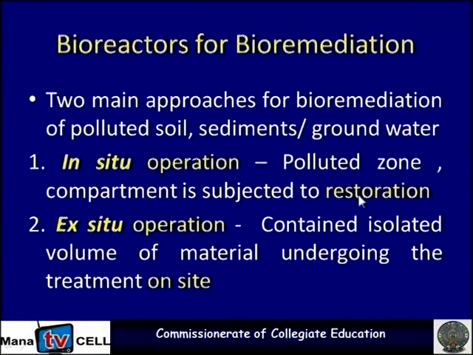In in situ operation, the polluted zone compartment is subjected to restoration, whereas in ex situ operation an isolated volume of contaminated material is treated on site. In situ means we go to where the contamination is and apply the treatment, and ex situ means we bring the contaminants into laboratory conditions and apply microbial growth.